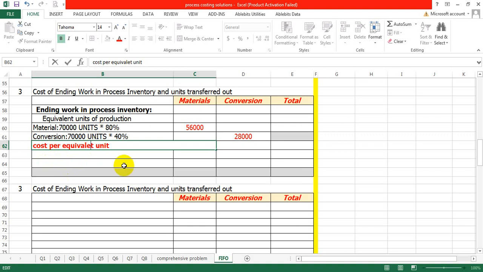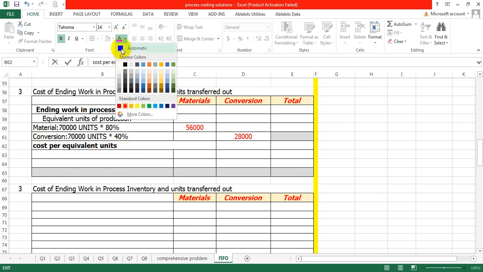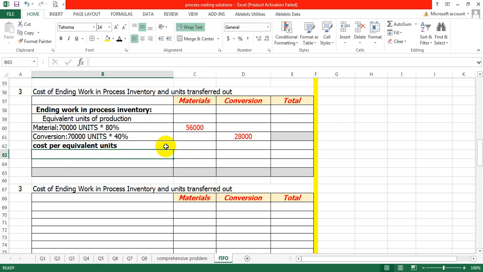The cost per equivalent units were 0.9 and 0.7. Already calculated in part B, that was 0.9 and 0.7.